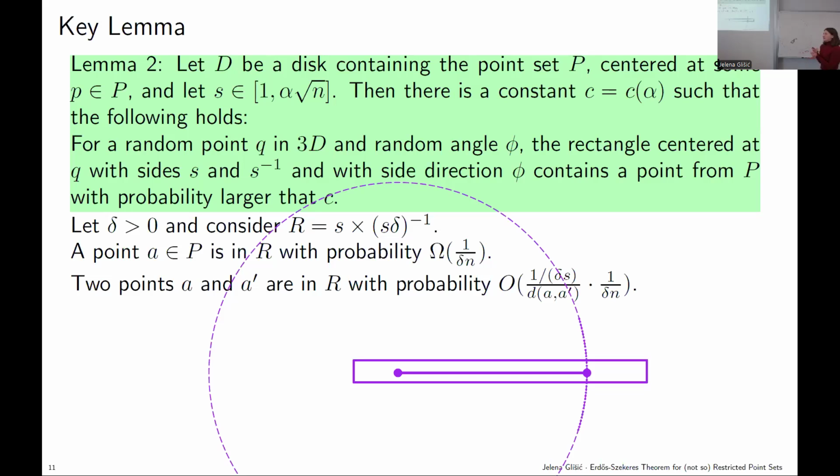That 2 fixed points which are different are inside this random rectangle. And once again, I need to have 1 point, let's say this one, inside. Then I need my other point to be also inside the rectangle, which means that it needs to lie in the intersection of this circle, which is centered at point A and has radius this distance between the points.